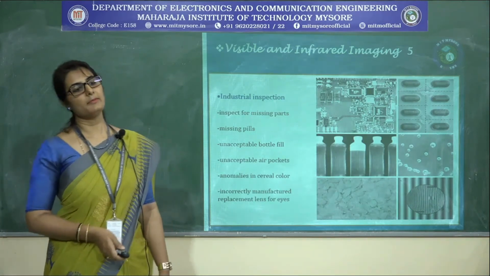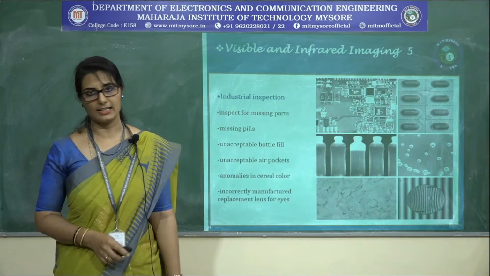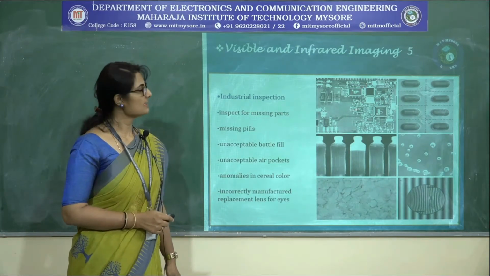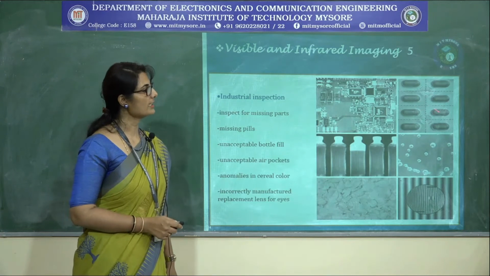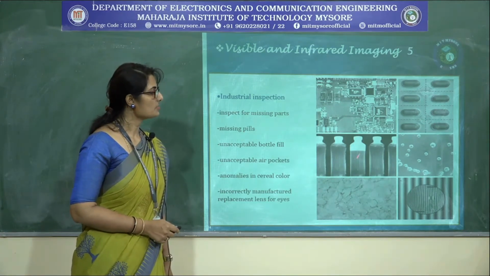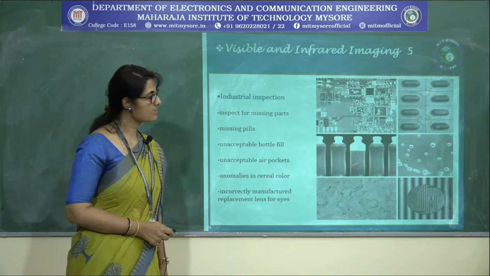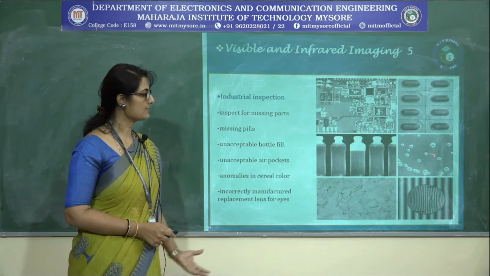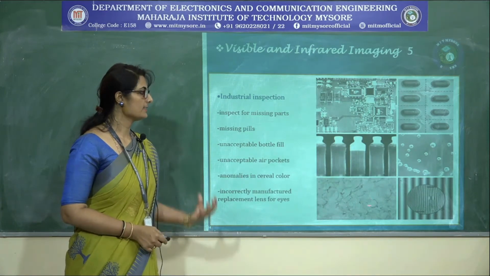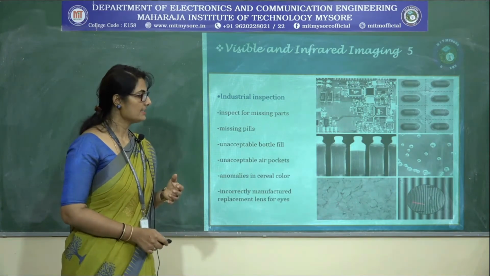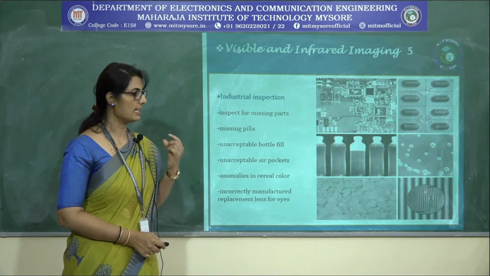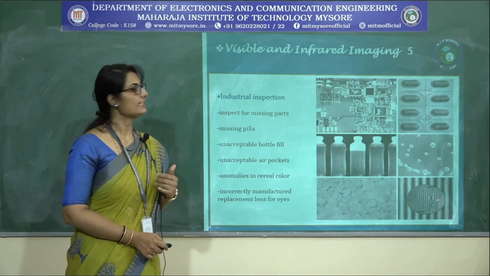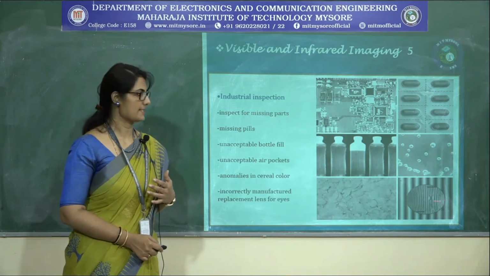Next, visible and infrared imaging is also used in industrial applications. Now, this image is used to identify a missing component, this image is used to identify a missing pill, this is used to identify unfilled bottles, and this is used to identify gas bubbles present in plastic, and this is used to identify burnt cereal, and this image is an eye lens image, and this is used to find out irregularities in manufacturing the lens.